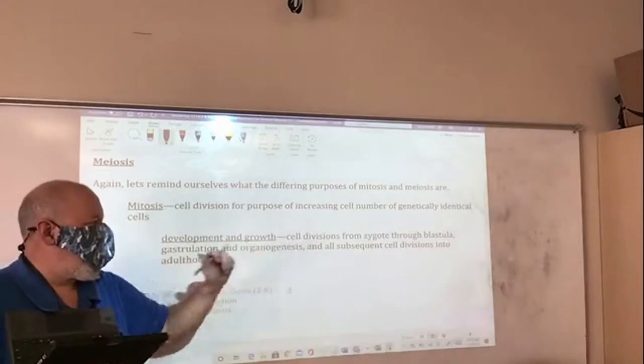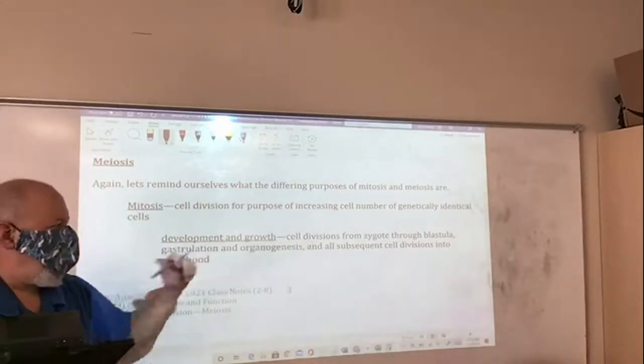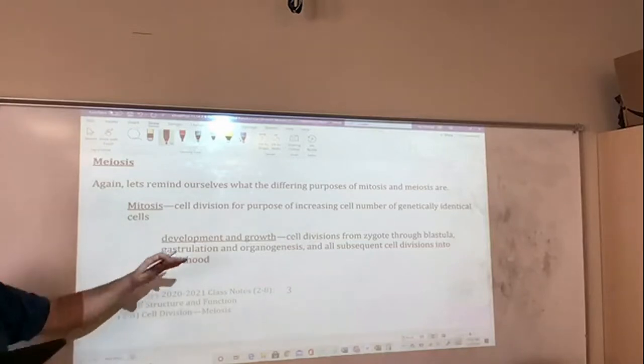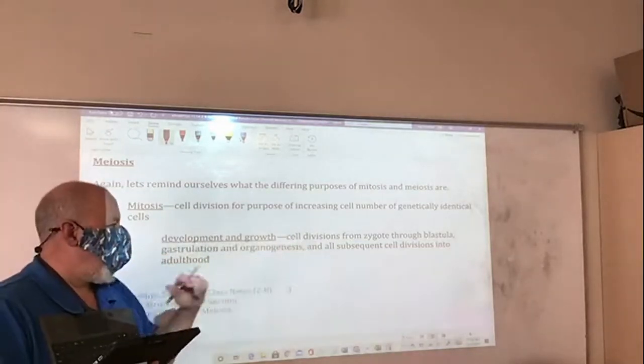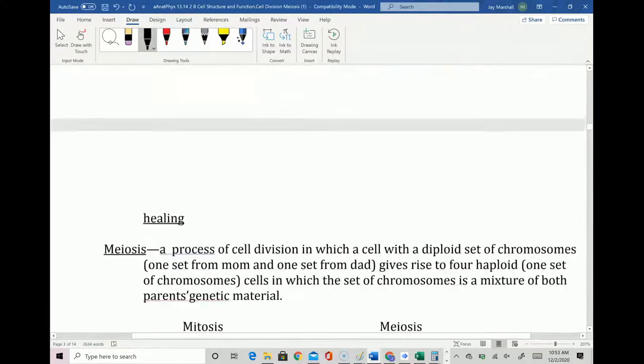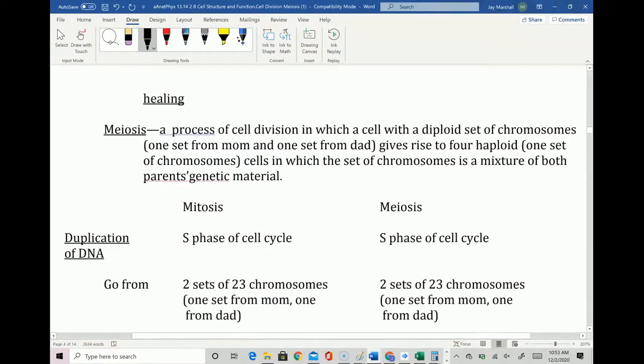And this is for development and growth, right? From the zygote, from the time that I'm a fertilized egg, one cell, I divide by mitosis. I have genetically identical cells for everything through the rest of my life, except for the one thing where I need to have a process that creates sex cells.